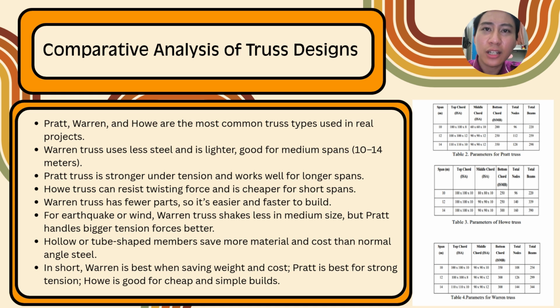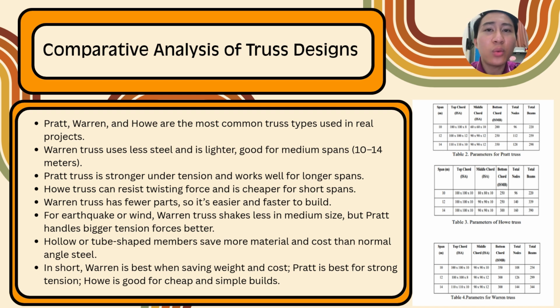Pratt is stronger under tension and works well for longer spans. In our research, we also found that Howe truss can resist twisting force and is cheaper for short spans, while the Warren truss has fewer parts, so it is easier and faster to build.